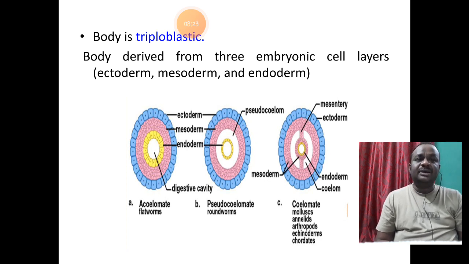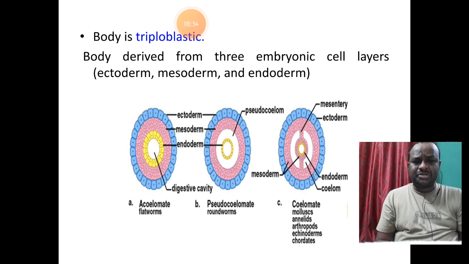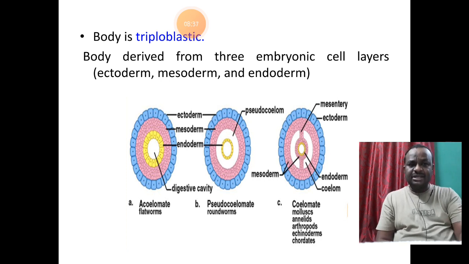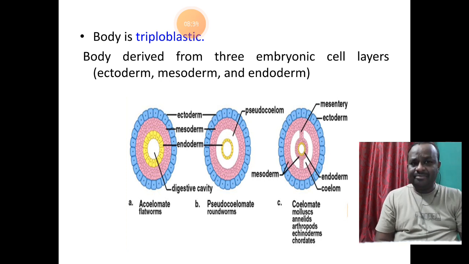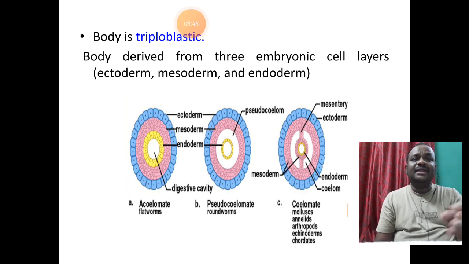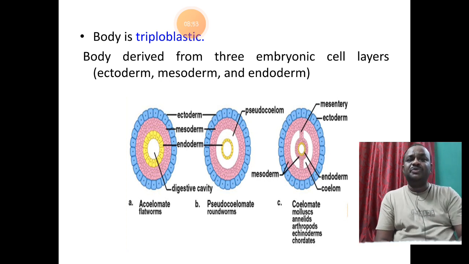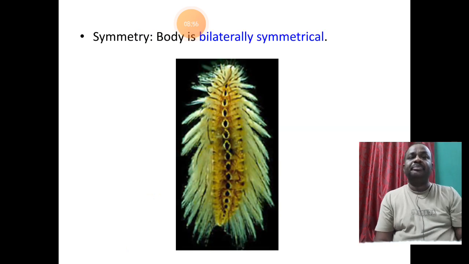As we have understood, triplo refers to 3, and blasto refers to the germ layers here. The body organization of these animals is shown in cross section in diagram C in this slide. The blue layer is the ectoderm, the pink layer is the mesoderm, and the yellow layer at the center is the endoderm. The very special feature of this organism is the mesoderm, which we will understand a little later.